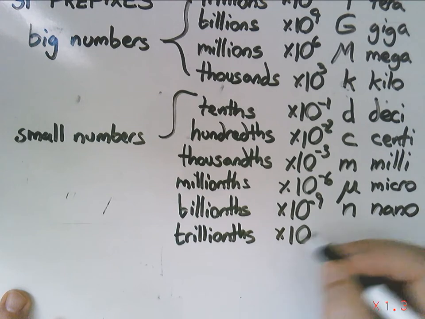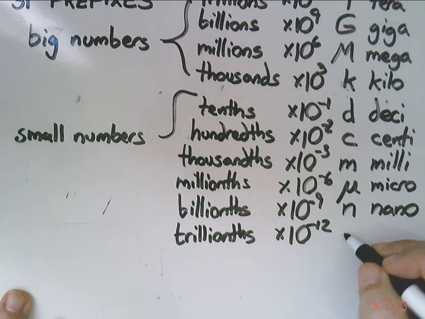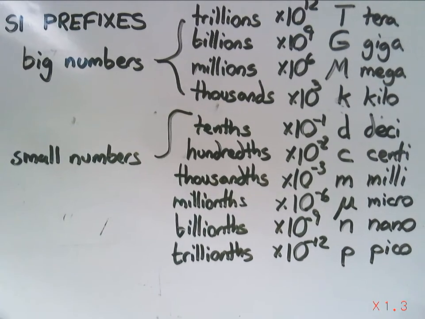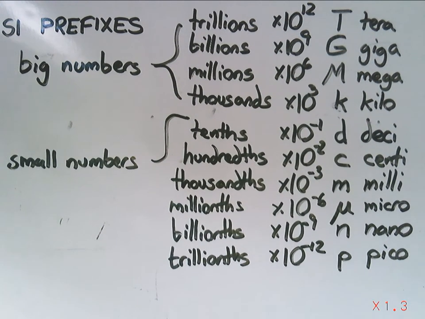Trillionths is times 10 to the minus 12. And that's a lowercase p, that's pico. An oxygen molecule, we'll see later on in this lesson, is about 121 picometers across. So picometers are like molecule sizes, hundreds of picometers.